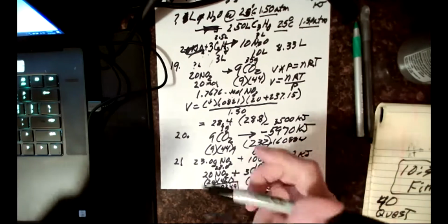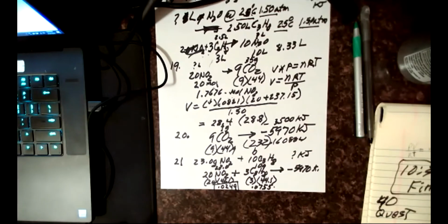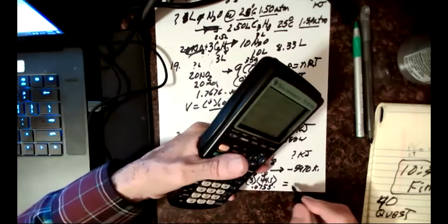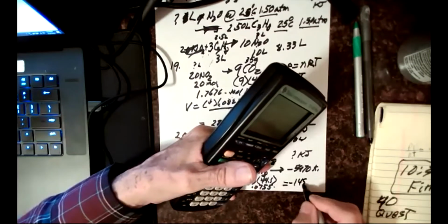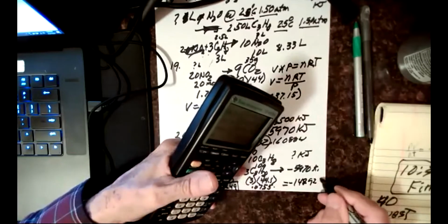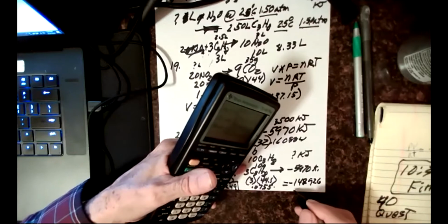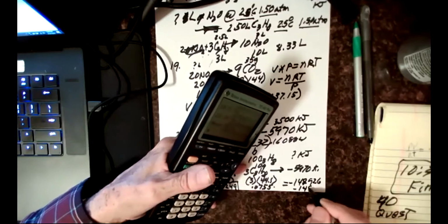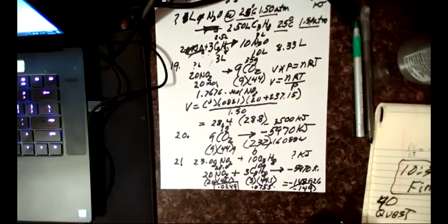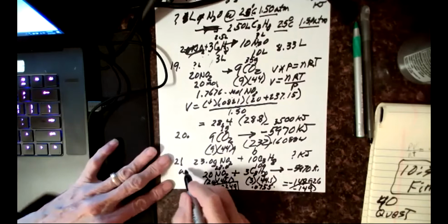So I'm coming out with minus 148.926 and other digits. So minus 149 would be the heat involved in that reaction. And that's response A on that test question. Good there.